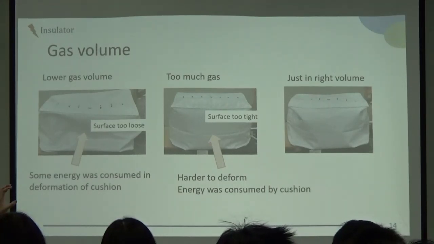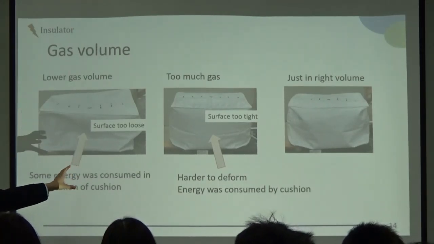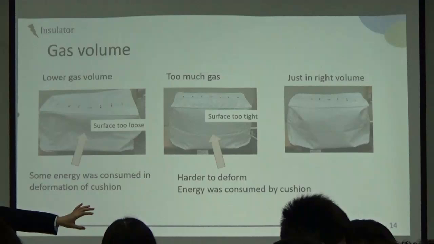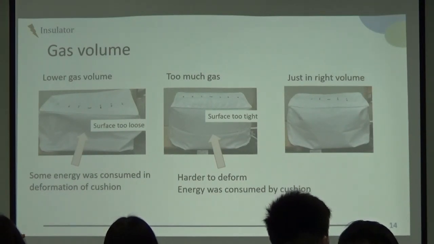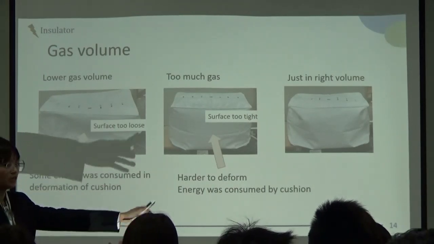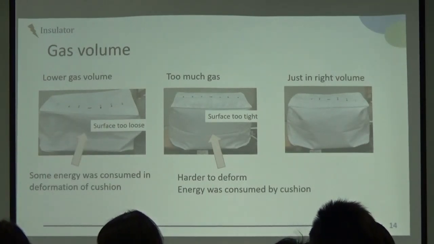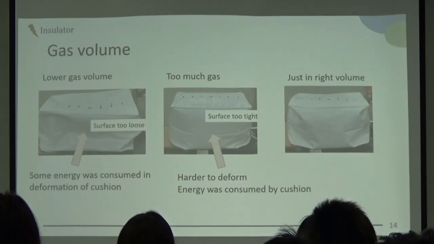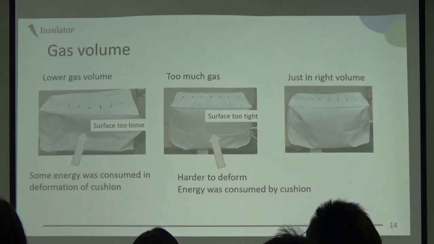So the deformation of the drop object that happens on the cushion may not be as much as the deformation of the other object here, so energy will be consumed by the cushion. When it is at just the right volume, the surface will not be too loose or too tight, so the flying object can fly away.